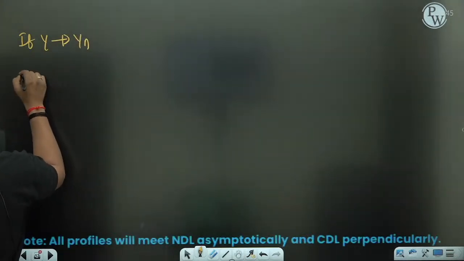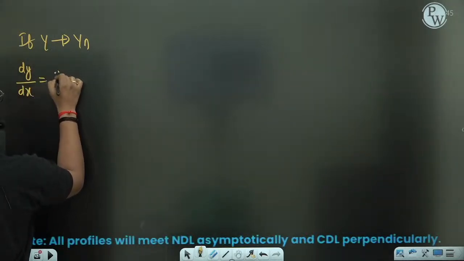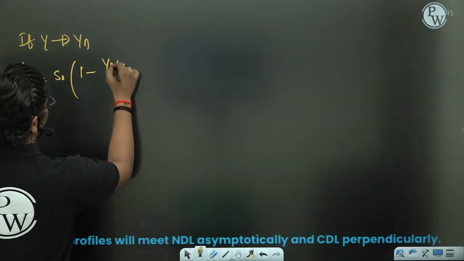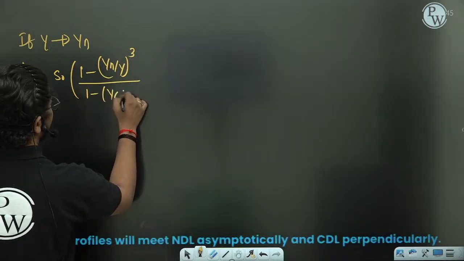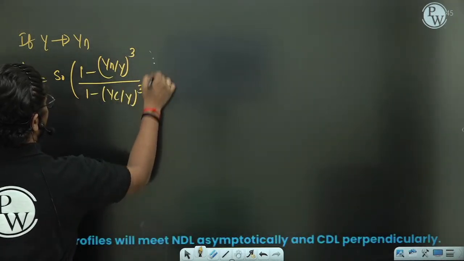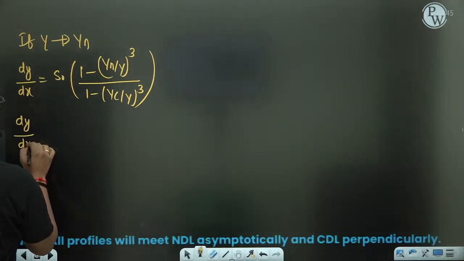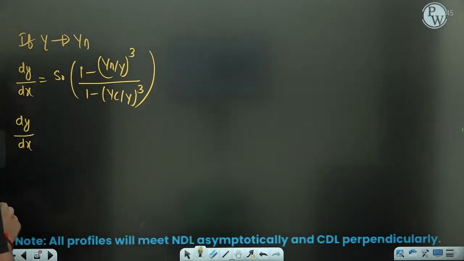If y tends to yn, then what will happen with the dy upon dx value? The formula is S0 times (1 minus (yn upon y) to the power 3) divided by (1 minus (yc upon y) to the power 3). So if y tends to yn, that means this is 1 by 1, so it will be nothing but 0.